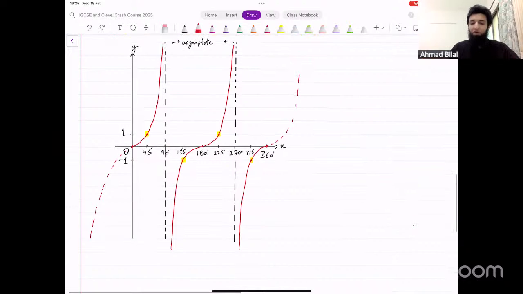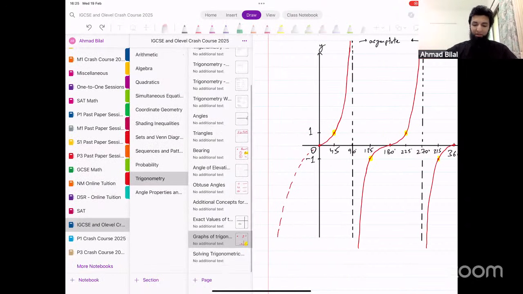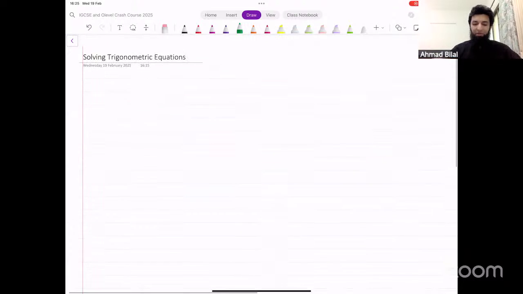So if you were to go beyond this interval, on both sides, the graph continues on the same pattern like this, right? So this pattern basically keeps repeating. Now you need to remember that this graph starts from 0 and it goes towards positive infinity first, and then the rest of the shape of the graph, you need to remember all of that. Okay, now that's important to remember these shapes and the values that you have from them.